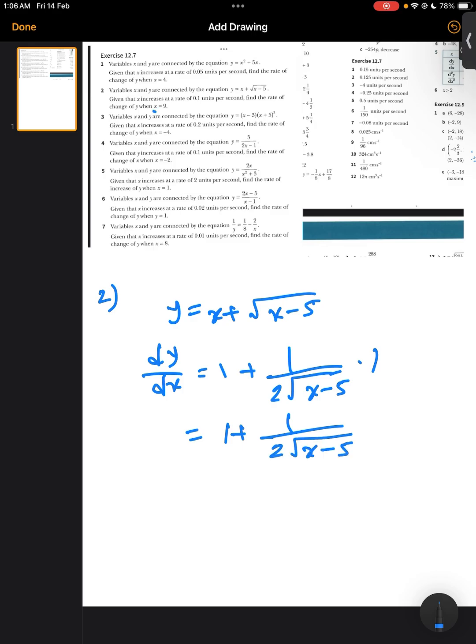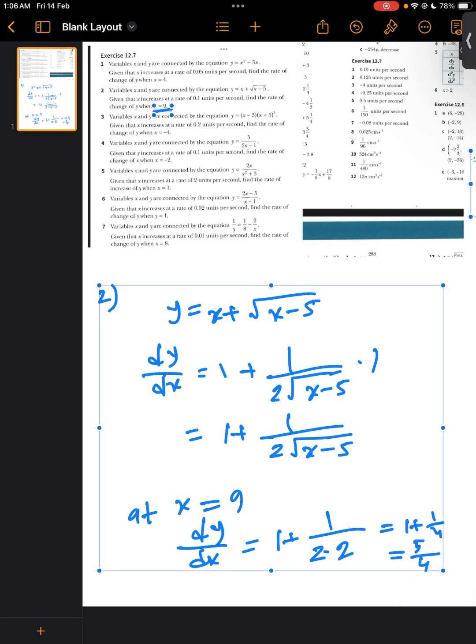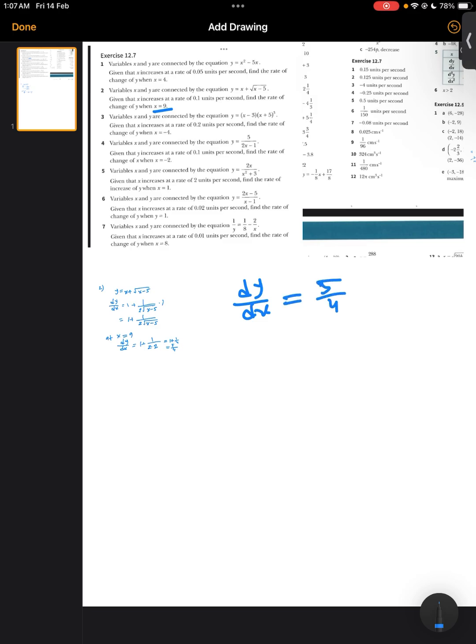Now put x equal to 9 here. 1 plus 1 by 2 times root of 9 minus 5, which is 4, so 2. So 1 plus 1 by 4. So it should be 5 by 4. We got dy/dx is equal to 5 by 4.